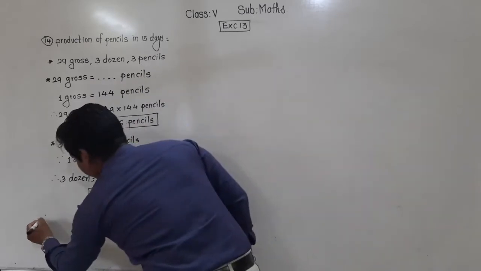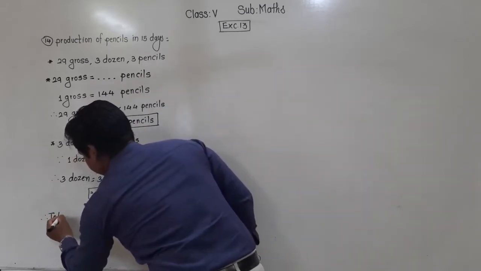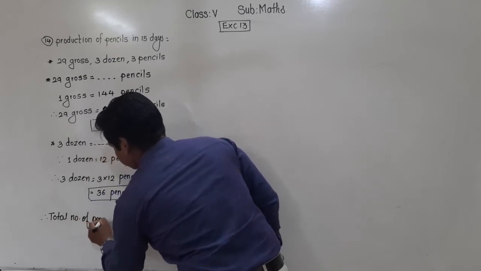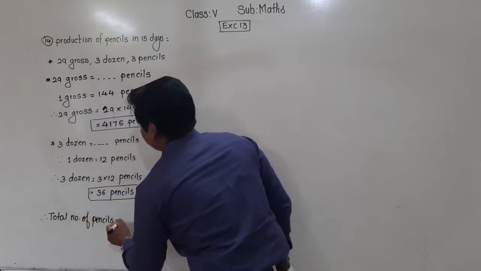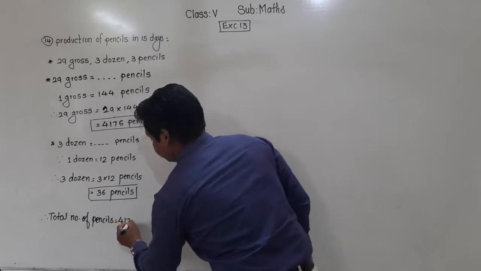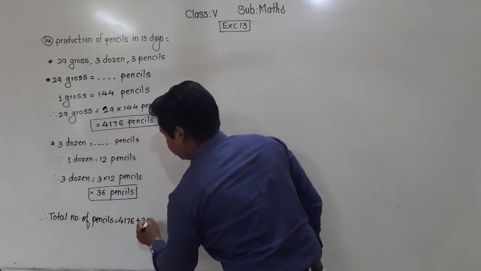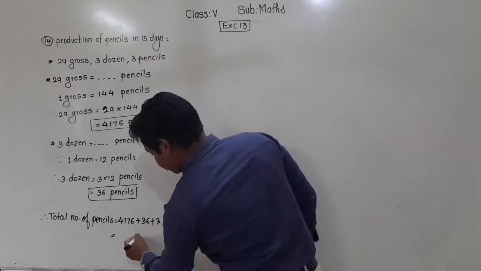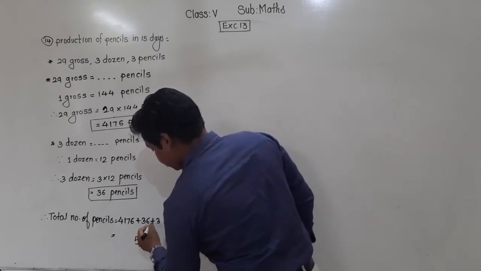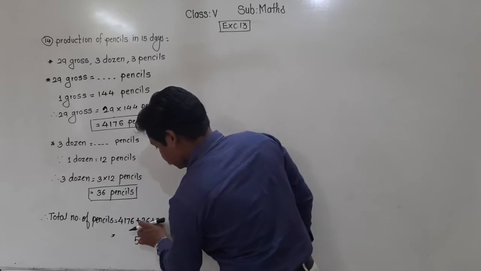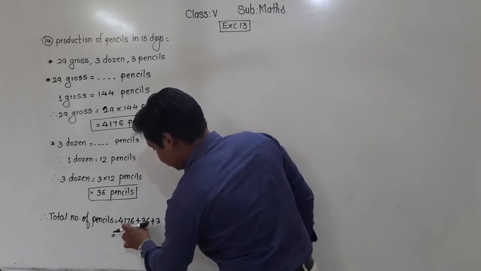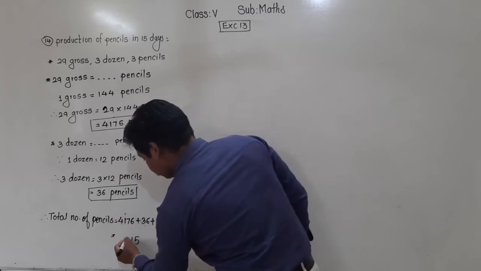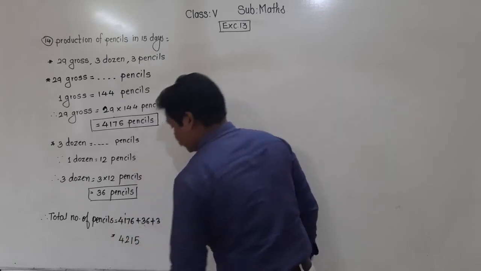The total number of pencils is equal to 4176 plus 36 plus 3. 6 plus 6 is 12, plus 3 is 15, 1 carried. 1 plus 3 is 4, 4 and 7 is 11, 1 will come down, 1 will be carried. 4 plus 1 plus 1 is 6, and here 4.